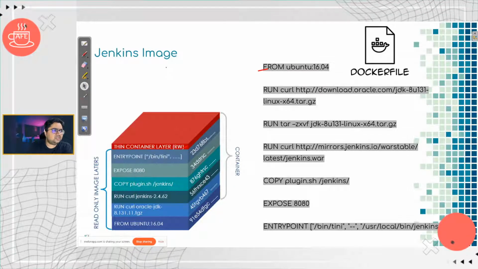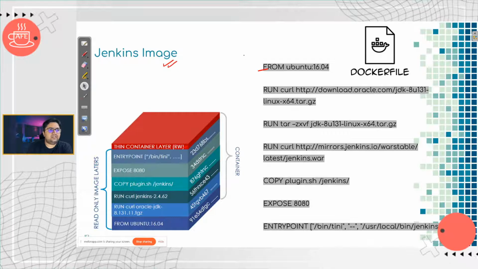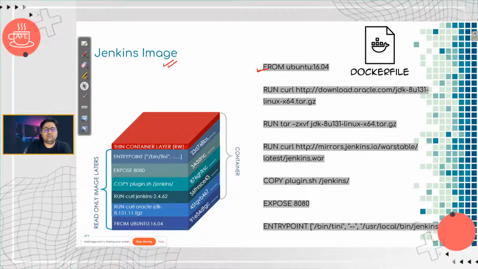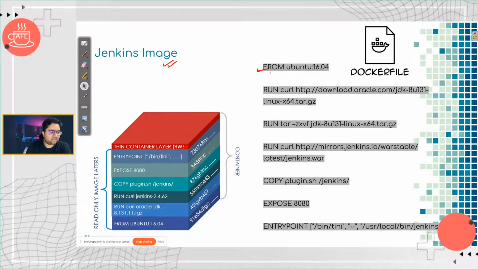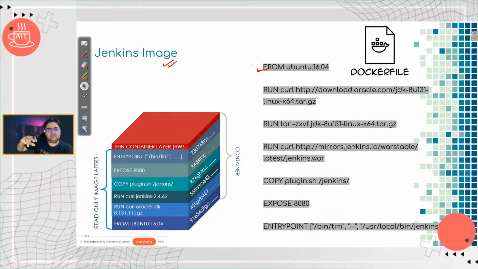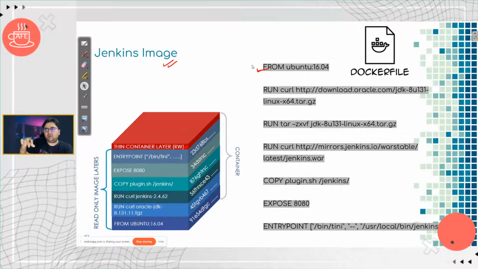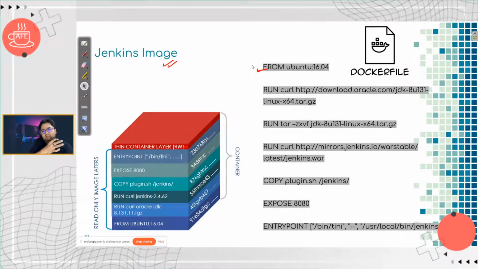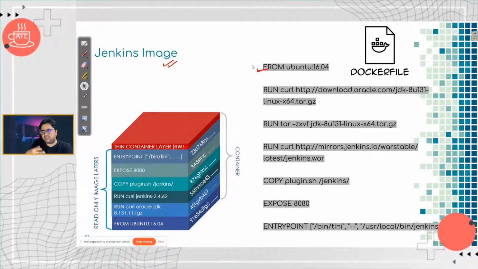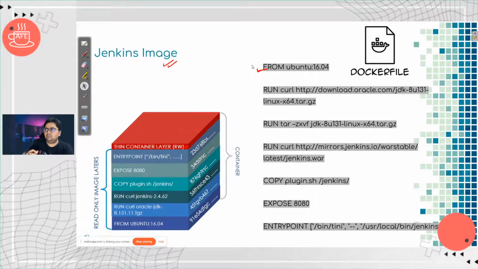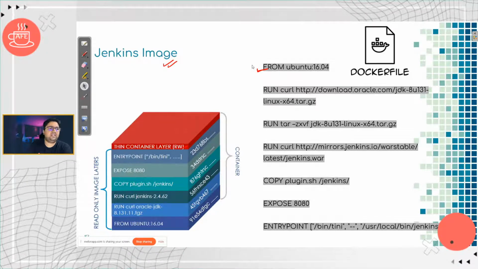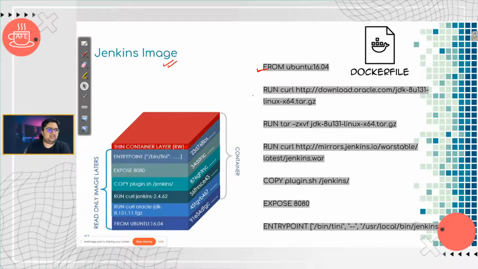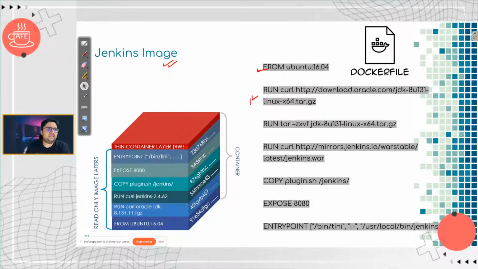So this is a Dockerfile where we are going to build Jenkins, and it says FROM Ubuntu 16.04, which means the base image, and base image here really implies what is the OS on which I want to build this, right? And it can be anything. It can be some runtime with JRE built in and things like that. Then I want to download some things, run curl.